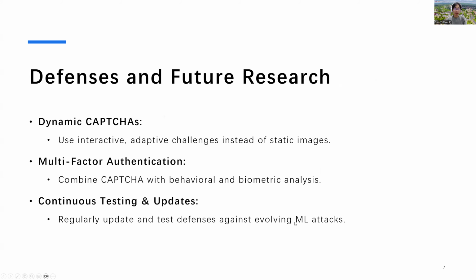And for some defense methods, first, as I mentioned, dynamic captchas. We need to provide more dynamic challenges instead of static ones, because static ones can always be defeated eventually, because the technology keeps advancing. Second, we can combine different analyses to further detect whether this is a human or a robot.